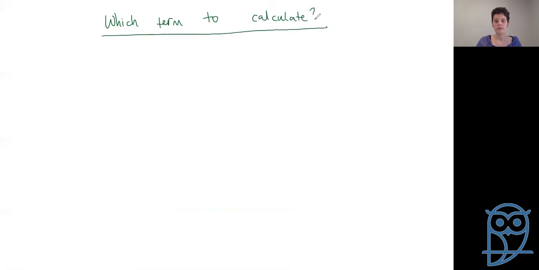If we think about it, whatever is in our a term is always going to be raised to the power of n minus r. And whatever is in our b term is going to be raised to the power of r.